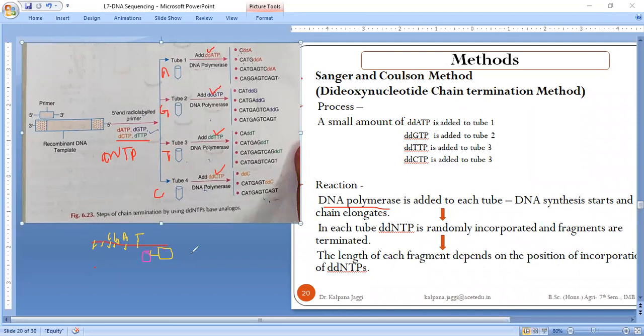If we knew the sequence beforehand, then what is the fun of going for DNA sequencing? We are going for DNA sequencing because we are not aware of the sequence present on the single strand template. This is just for your understanding: here suppose T is present. Here we have other constituents like dNTPs.